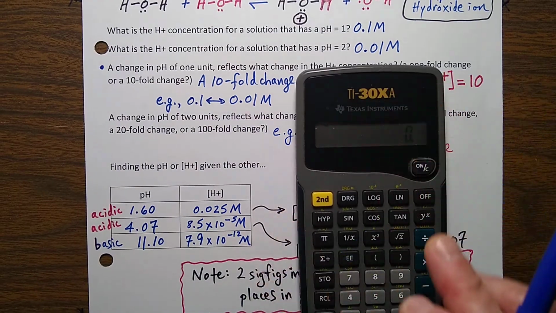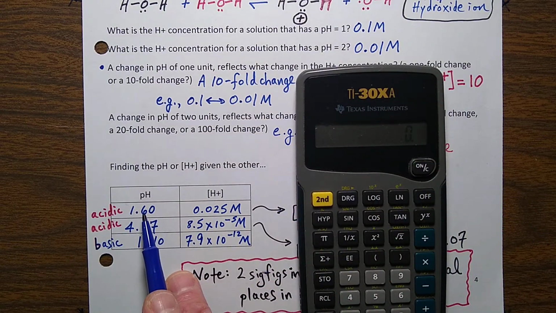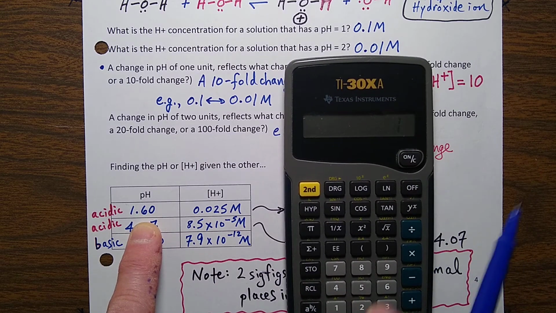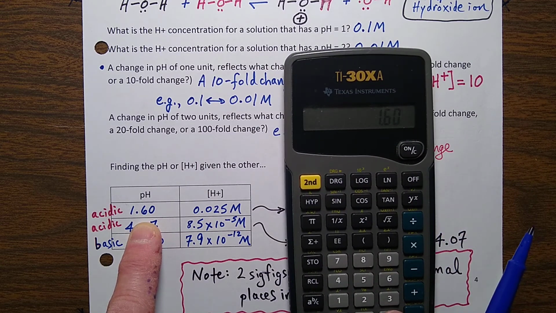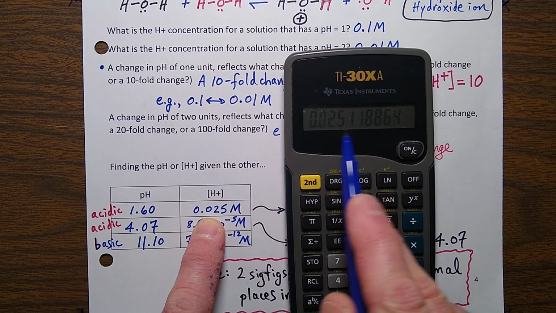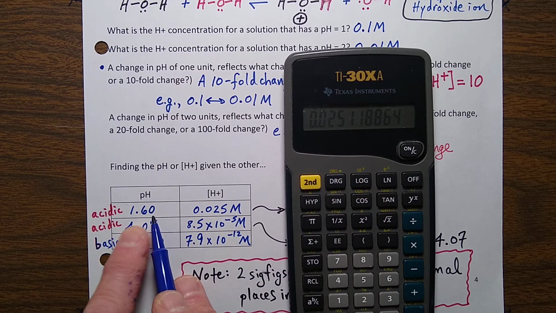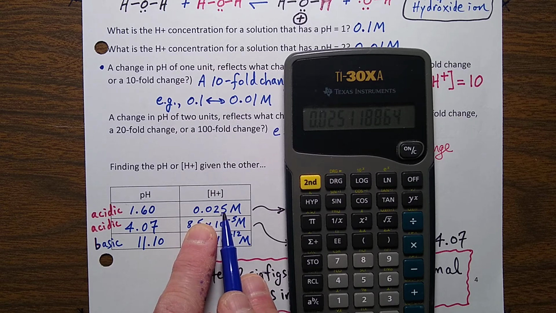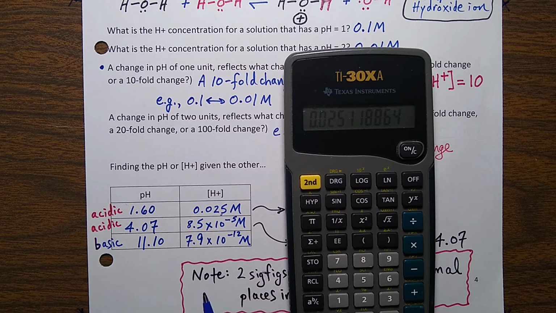How do I go from here to there? I enter 1.60 in my calculator, then take the negative of it, and then take second logarithm, and I get that number, and I have to round it off. Since there are 2 decimal places here, I only need 2 sig figs in my number. That's what that means.